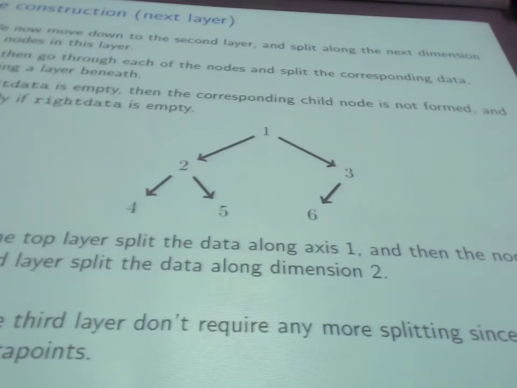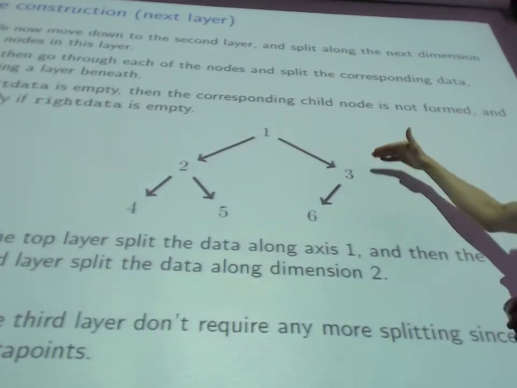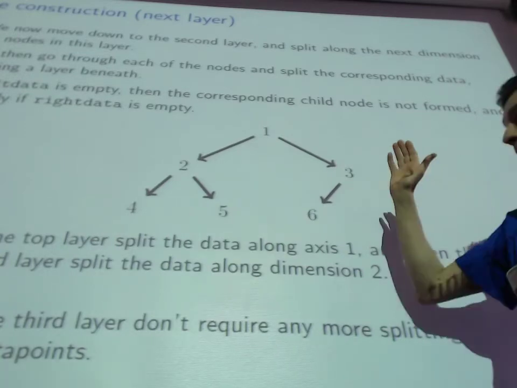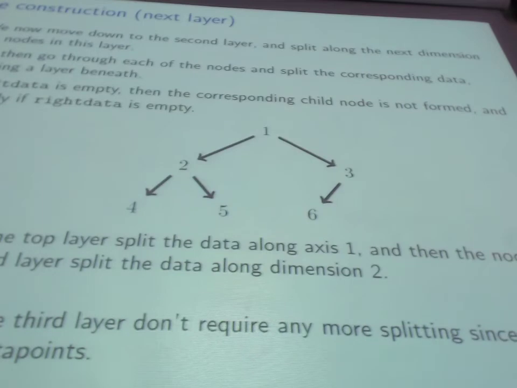Okay, so how many layers maximally can we have? Roughly speaking, we are partitioning the data into a left and a right half at each point.